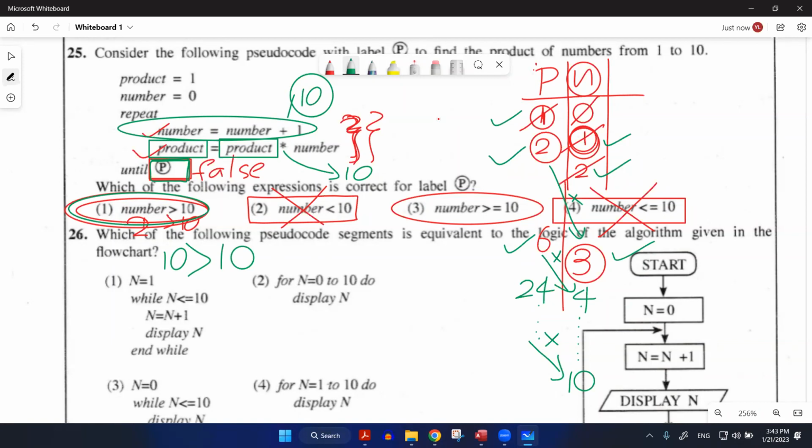So the answer produced is false. If it is produced as false, that means it's going to repeat again because the condition is false. So therefore, the first one cannot be taken as an answer as well, because we have to stop it when the number is 10. So the correct answer is going to be the third one.